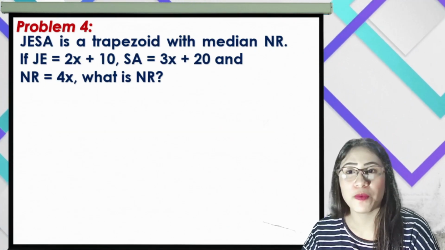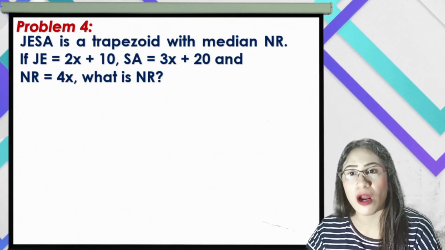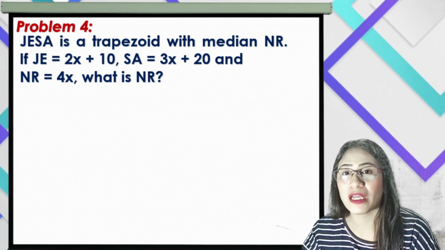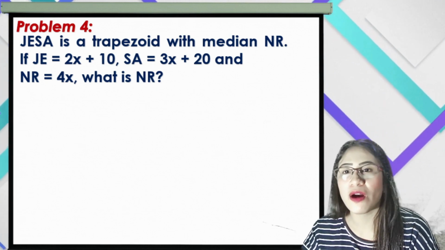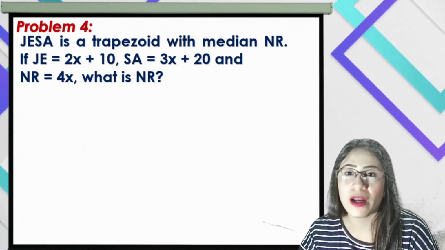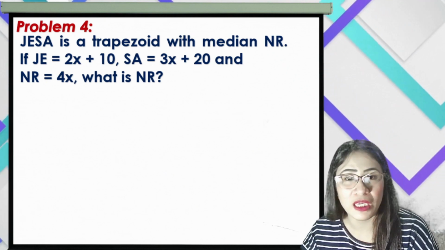Problem number 4. JESA is a trapezoid with median NR. If JE is 2x plus 10, SA is 3x plus 20, and NR is 4x, what is the measure of NR? The problem says NR is the median of the trapezoid.